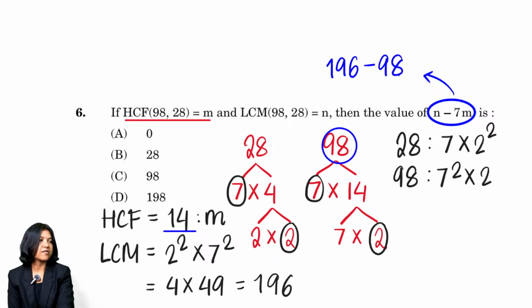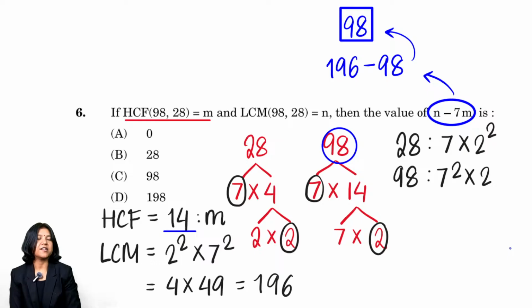The answer has to be how much? 98 removed from 196 gives 98, because it is just 2 less than 100. Removing 2 from 100, I just get 98. So the answer is 98.